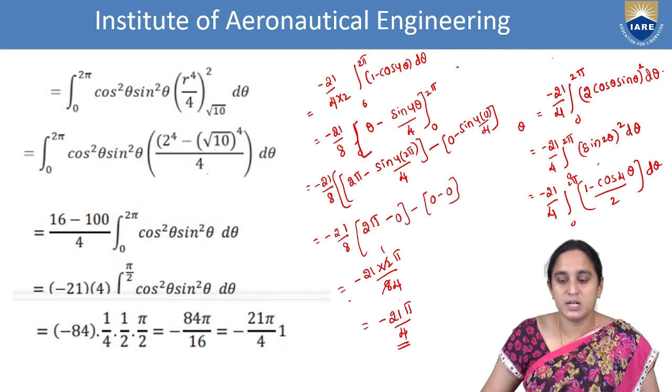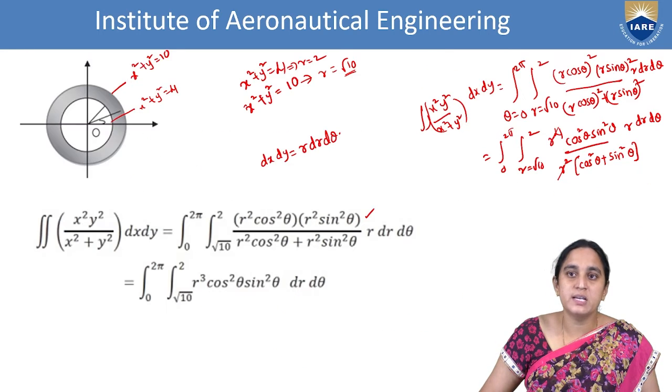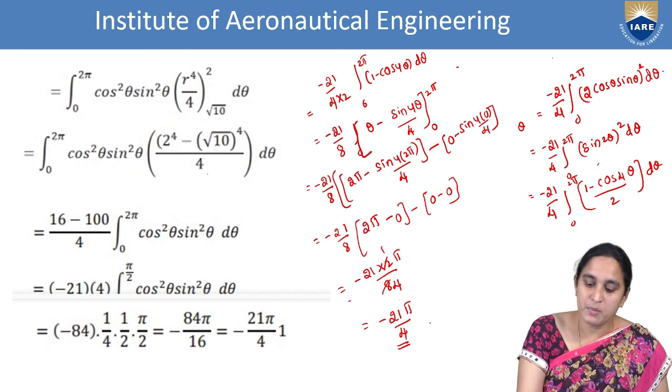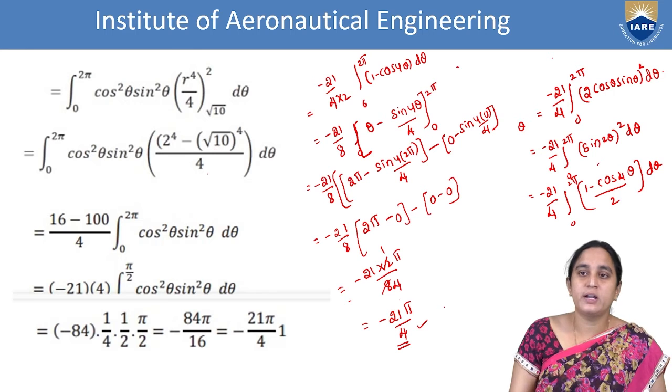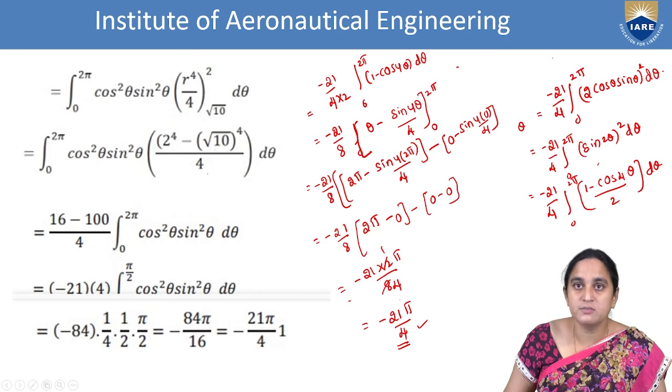Therefore, the first question, the double integral of x square y square by x square plus y square dx dy, has the value minus 21 pi by 4. That's the first question. Next one.